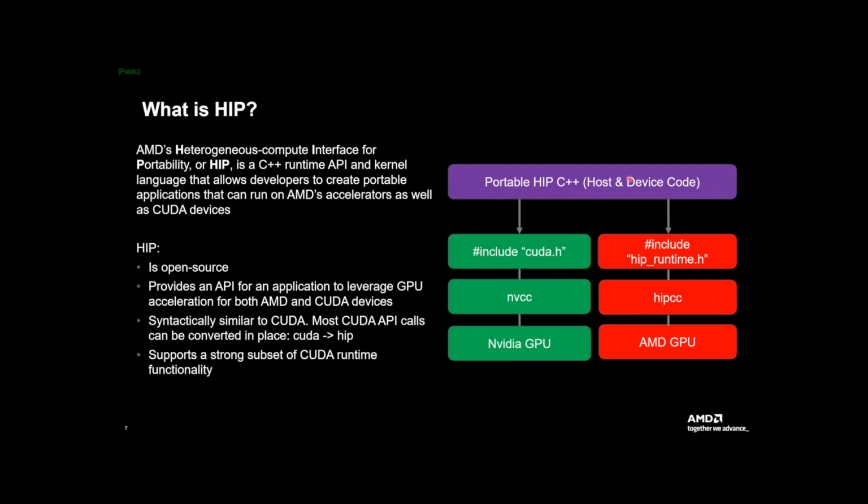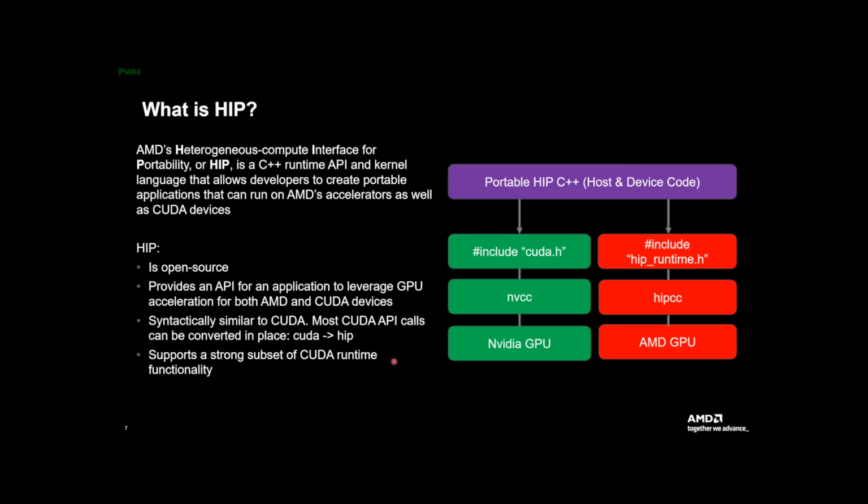They have a C++ API, host and device code, and depending on what hardware you have, it will either include the CUDA header and use NVCC and run on an NVIDIA GPU, or include the HIP runtime and use HIPCC and run on an AMD GPU. So basically, a HIP code is portable. There can be some exceptions depending on the code, but usually it's really portable and a really small overhead.